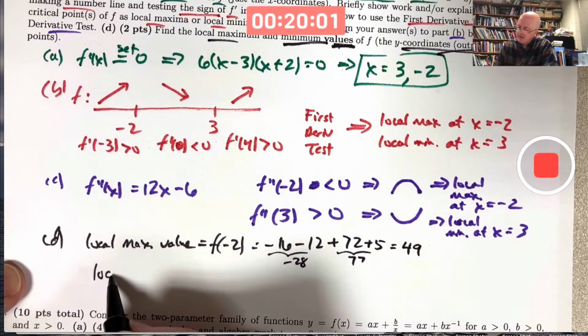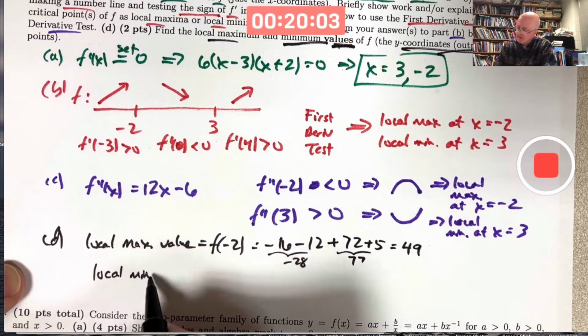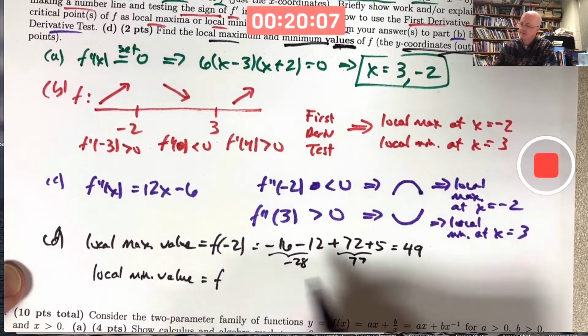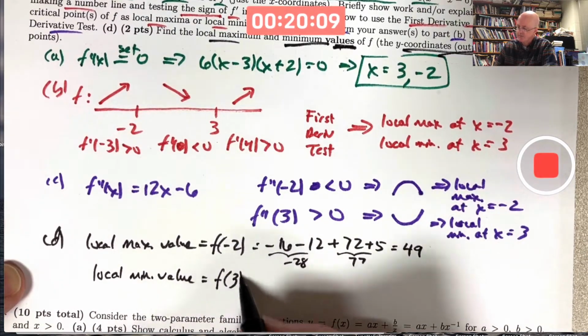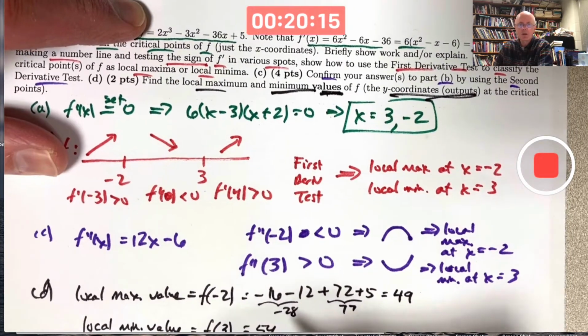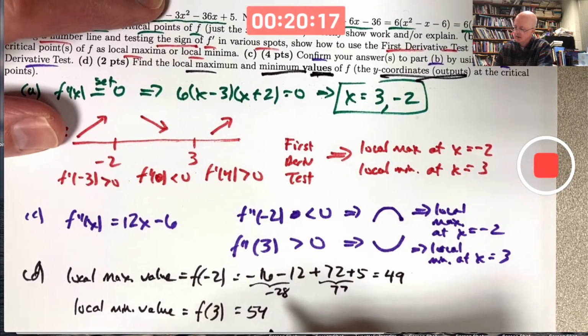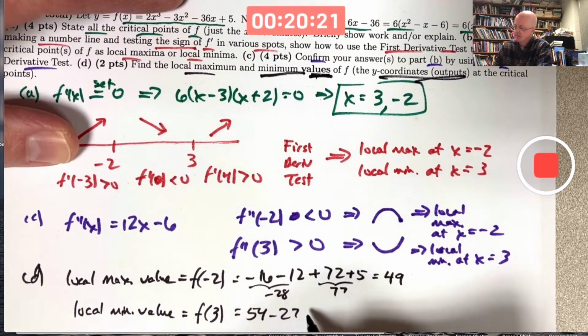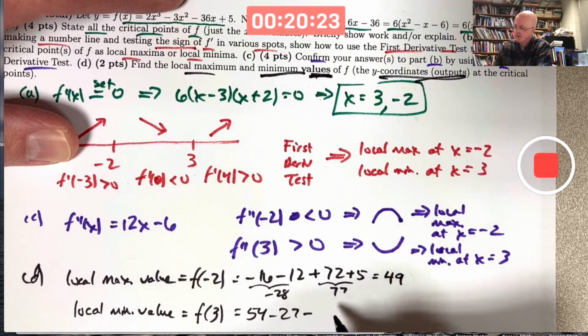And the local min value is f at the critical point, that is where the local min occurs, 3. Plug in 3 up here. 3 cubed is 27 times 2 is 54. Minus 3 times 3 squared is minus 27. Minus 36 times 3 is minus, what would that be, 108?